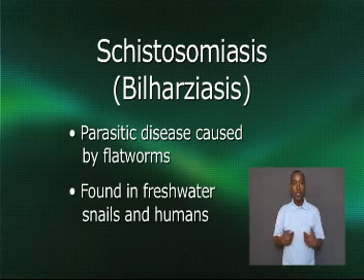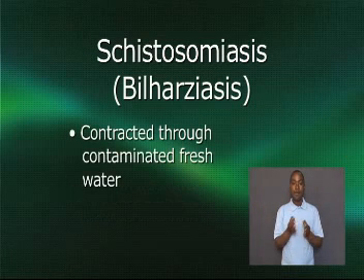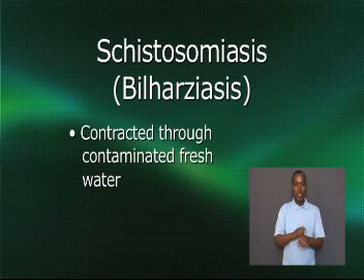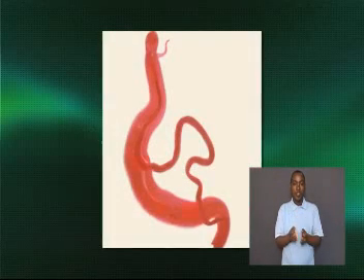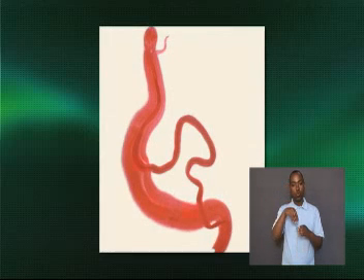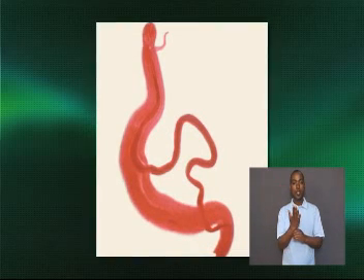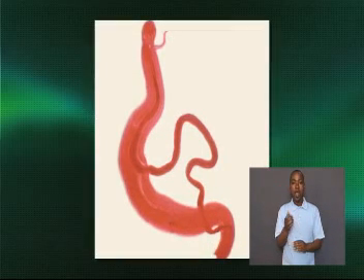It is caused by parasitic flatworms that spend part of their life in freshwater snails, and part of their life in humans. People washing, working, or playing in shallow fresh water are at risk. Once the parasites are inside a person, they mature and produce eggs that are passed through the feces and urine.